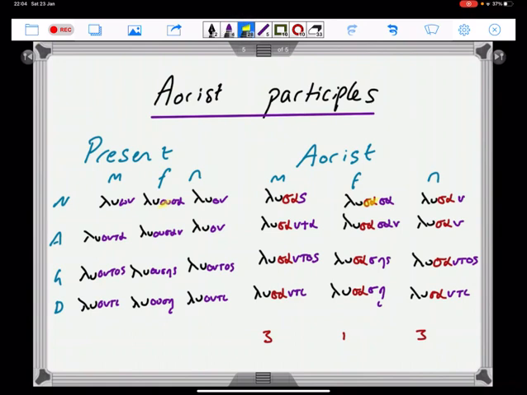So the feminine participles can look a little bit weird because they get that double sa in them. But it also means that you've got to be careful not to mix up, for example, lusan with lusasan. So the aorist participle is very similar in the neuter and the feminine there, but the feminine's got the extra sa. How do you translate these?